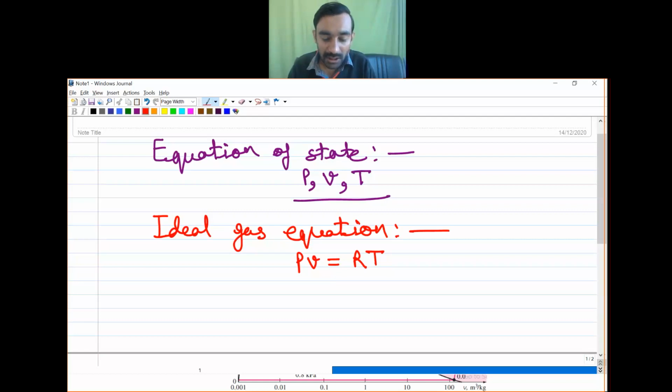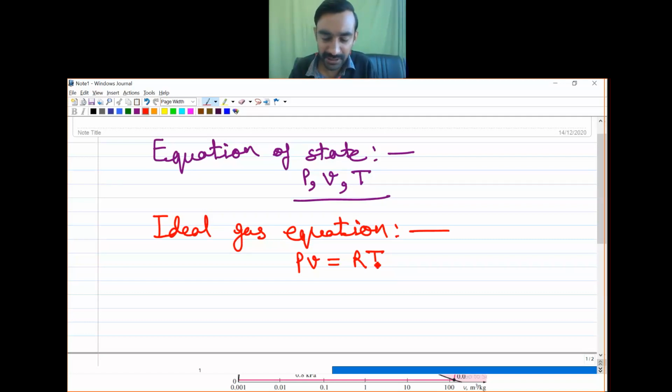So this is our ideal gas equation, and it is based on certain assumptions. Two very important assumptions are that our molecular volume is negligible in comparison to the volume of our container or system, and apart from that we are not having any molecular interactions. The molecules are far apart from each other.